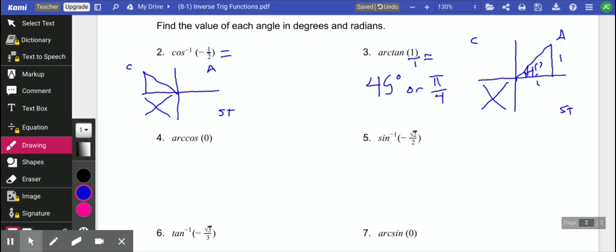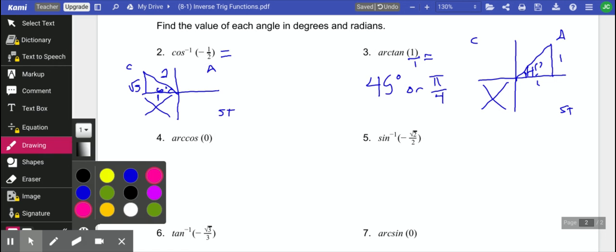There it is. All right, cosine in SOHCAHTOA, cosine is adjacent over hypotenuse. So our adjacent side is 1. Hypotenuse is 2. And hopefully you recognize this triangle. If you don't, you can use the Pythagorean theorem to find that third side. That third side is √3, which means this right here is a 60-degree angle.